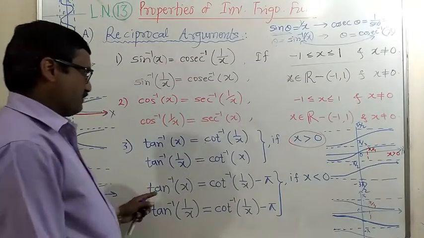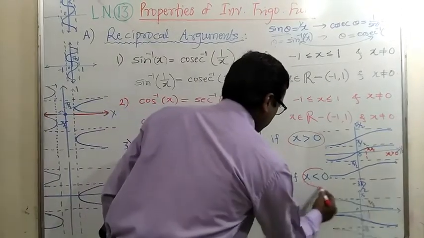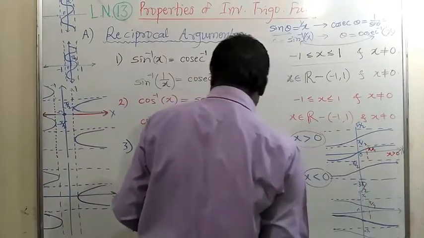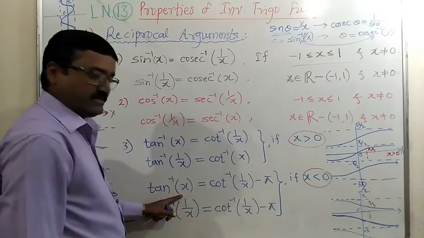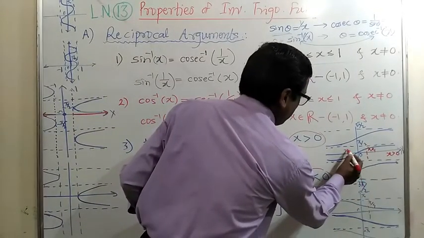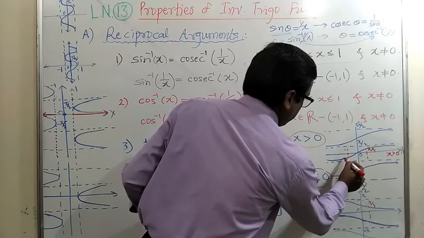But if you consider the negative, when x is less than 0, then tan inverse of x, suppose x equal to minus 1, will be minus pi by 4.